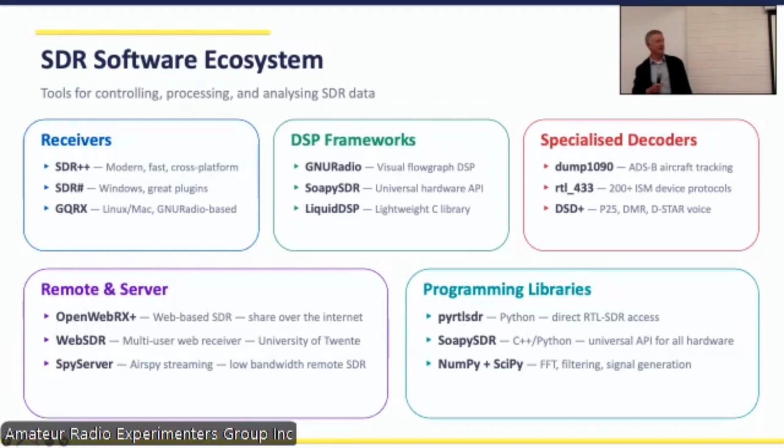The US military, what used to be called the Department of Defense, now called the Department of War, I nearly got that wrong, have said they want to be using GNU Radio as the base for a lot of their definitions of 6G and communication systems that are going to be used in the military.